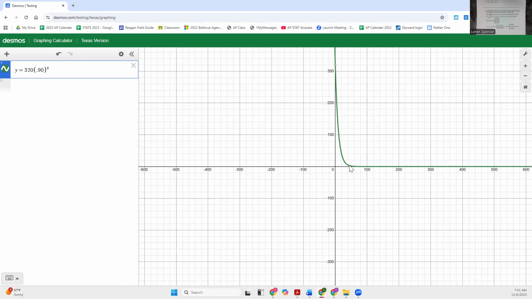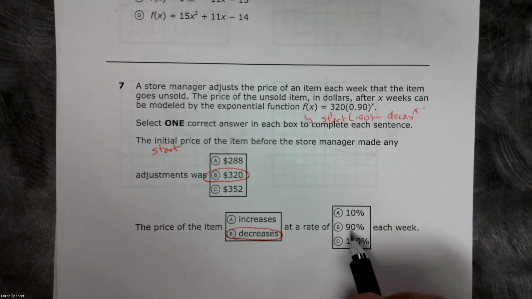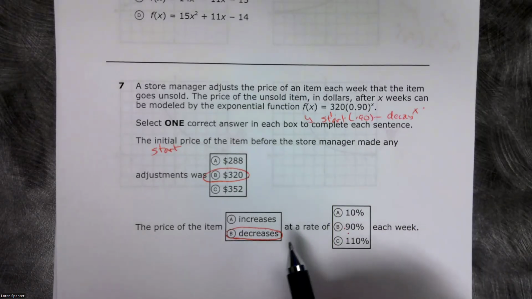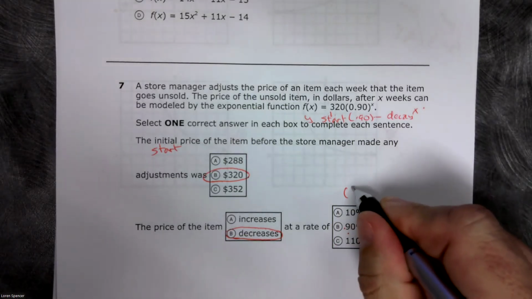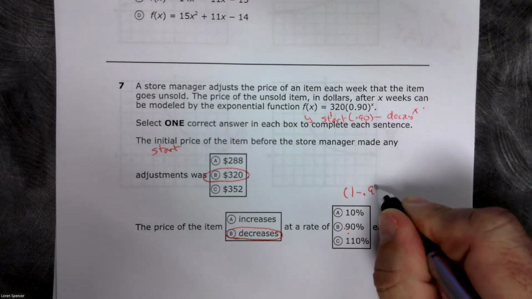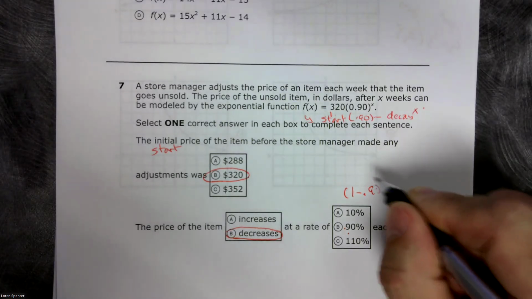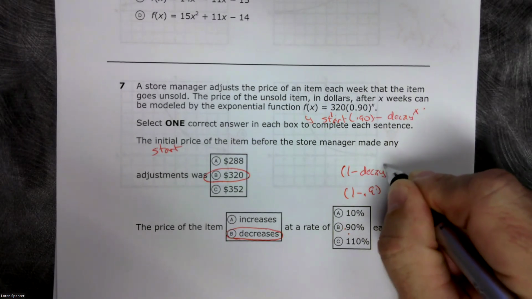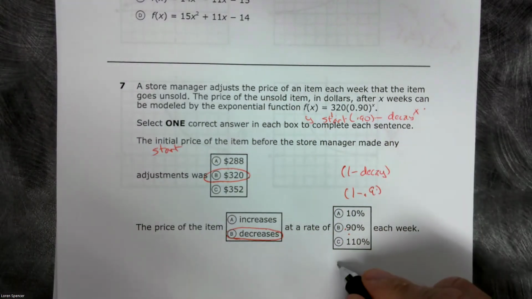Now, the question is how much are we decreasing? This is where it gets tricky. You want to go this, I know that's what because you see 90%, but please remember you have to do 1 minus whatever the decay is. So 1 minus 0.9, because it's always 1 minus the decay. All right? If it's an increase, it's going to be 1 plus the increase.